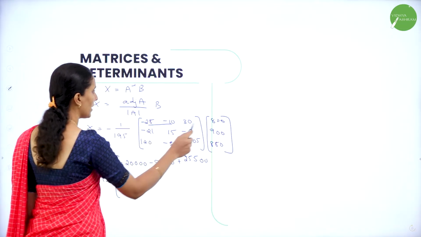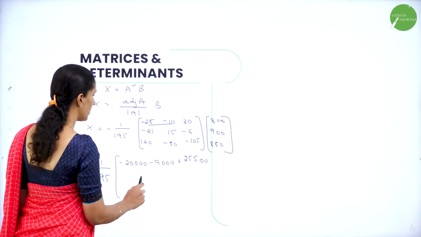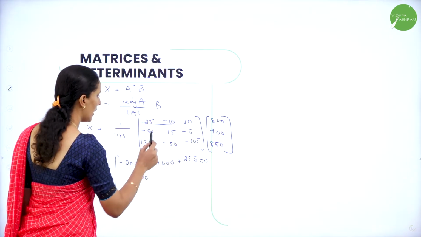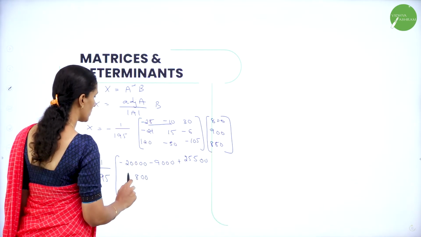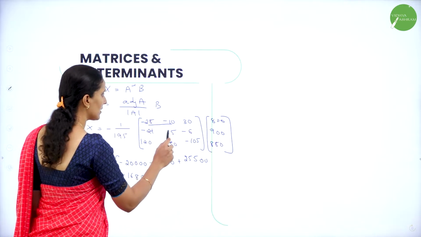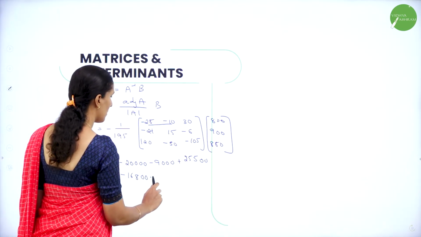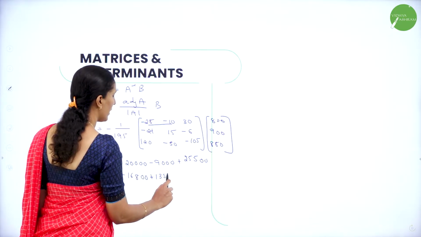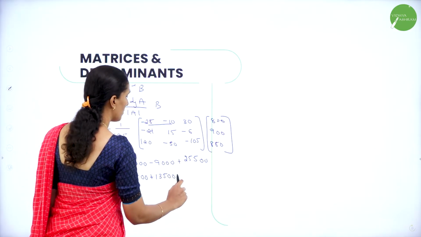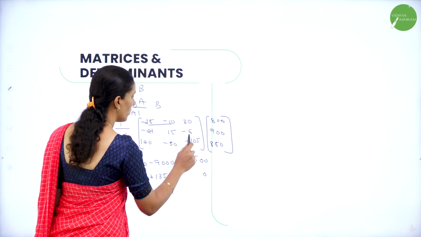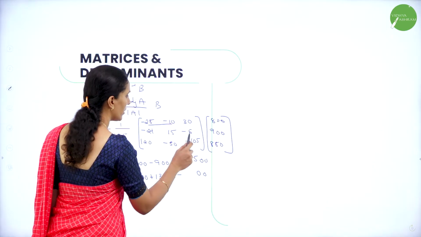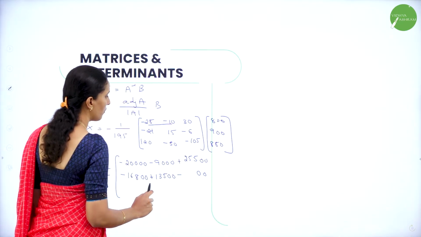So next minus 21 into 800. So 0, 0, 8 1s are 8, 8 2s are 16. Next again, we have 9 5s are, that is plus 135, 0, 0. Next, minus we have 0, 6 5s are 30, 3 carry, 6 8s are 48.